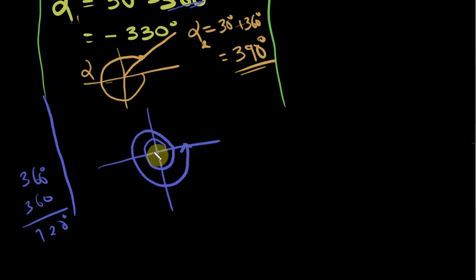So if I have a reference angle of 30 degrees, I can just add 30 degrees to 720. That will give me a third coterminal angle, 750 degrees.